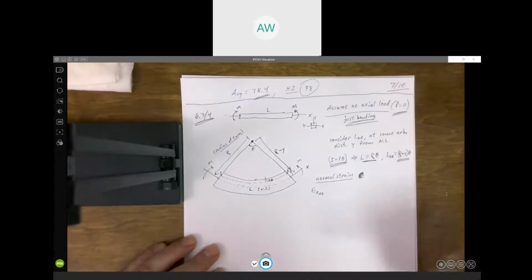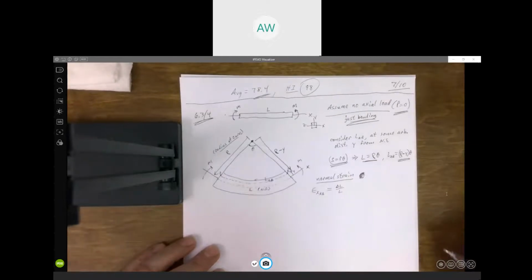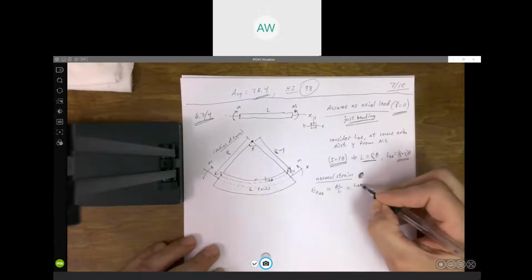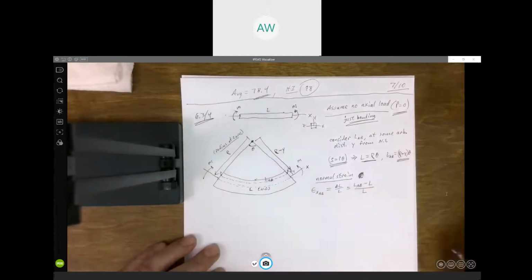We want to know the normal strain, the strain in the longitudinal or axial direction, which is the x direction. It's just change in length over length. That was how we define strain. So we take the length of AB minus the undeformed length, divided by the undeformed length.